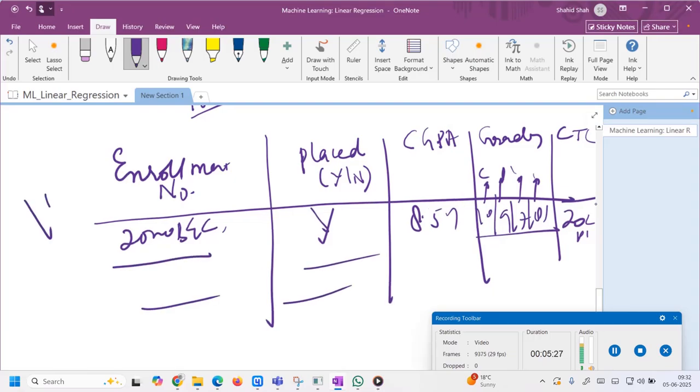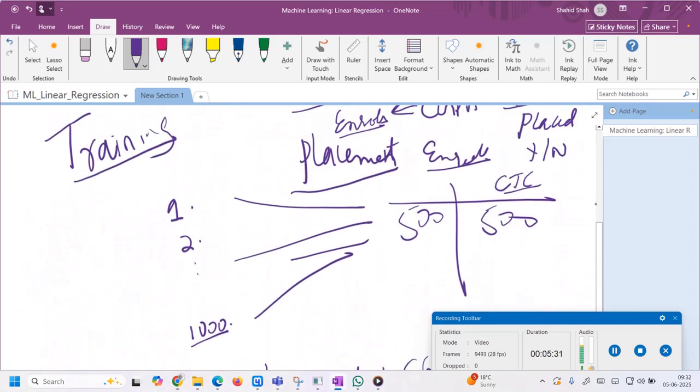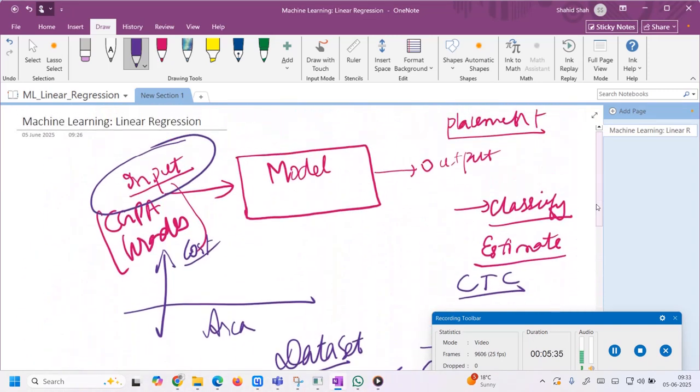Okay, so like that we have data of suppose 1000 students. We divide it into two parts, 500 one set, 500 other set. Now what we will do is like this. We will pass on the input of first data set, first 500 students, and then also tell the model what is the output.